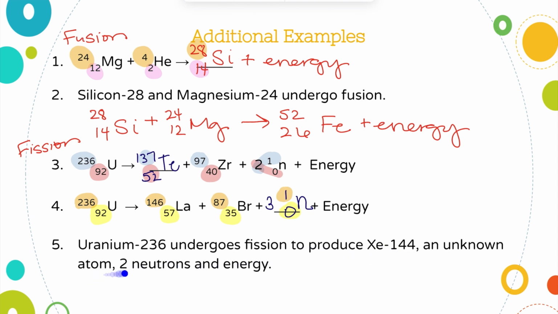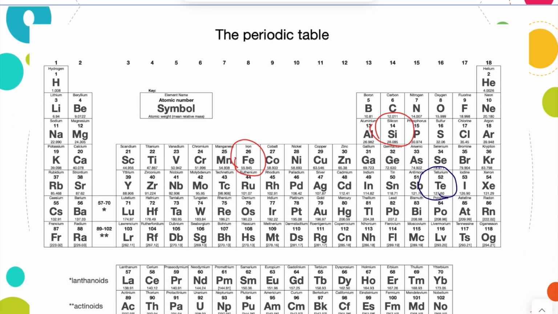And so we can go ahead and look at that. We've got uranium, that 236 again, that is a really unstable isotope. Undergoing fission to produce, well, we've got xenon, the mass is 144. Well, how do I find the protons? I'm going to go down to my periodic table, and xenon is number 54.